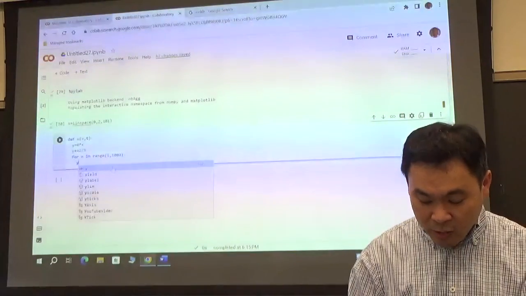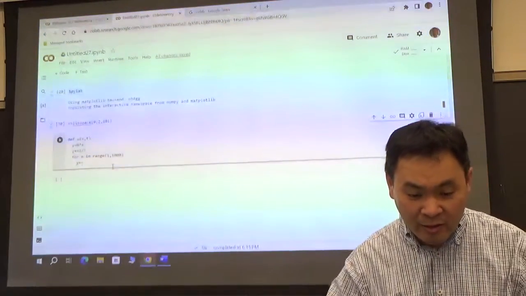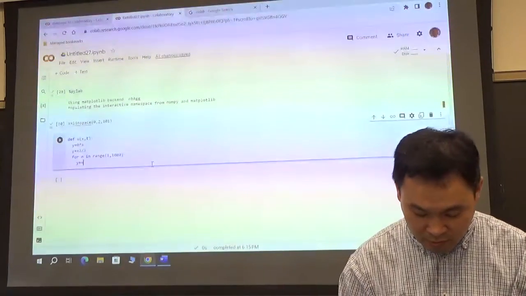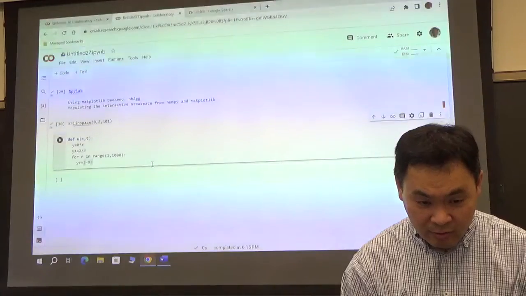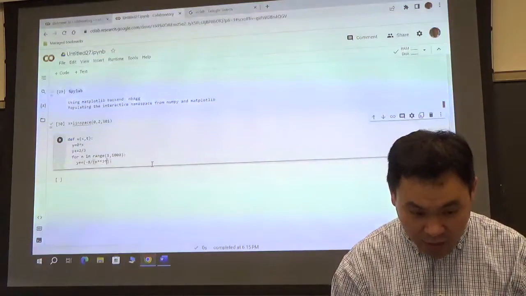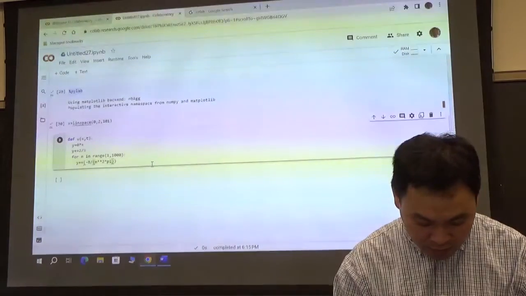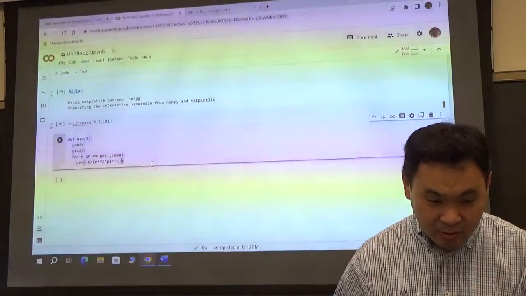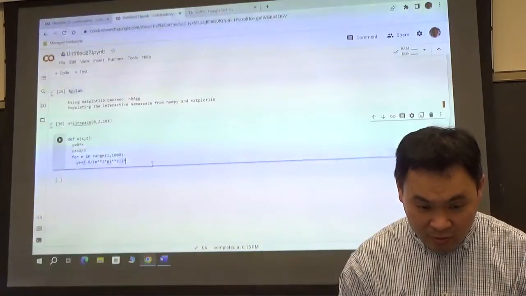So to y, what we're going to do is add these terms in the sigma, which is negative 8 divided by n squared times pi squared. Okay, so that's the coefficient.